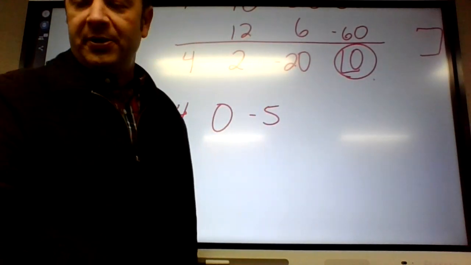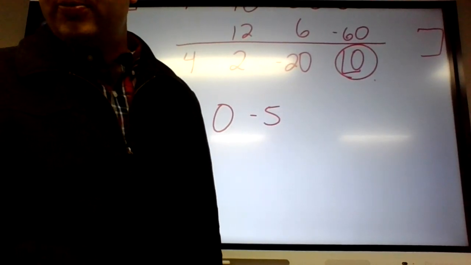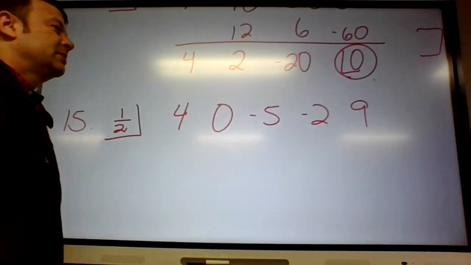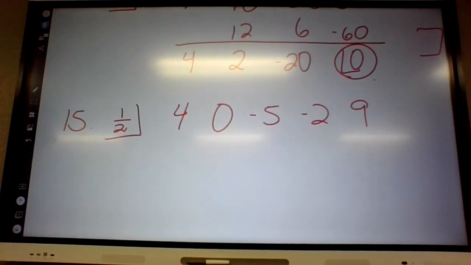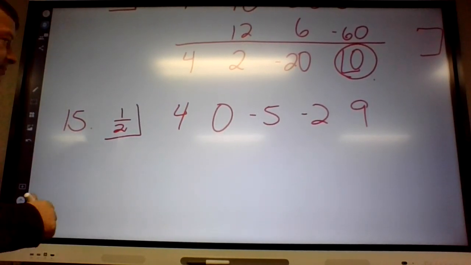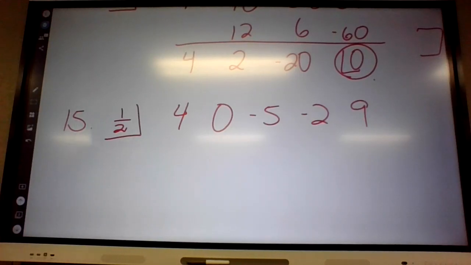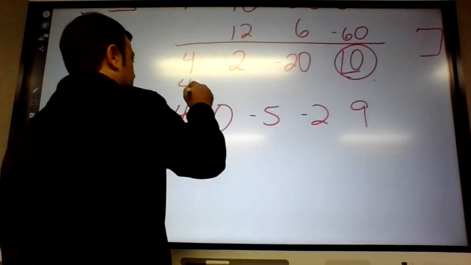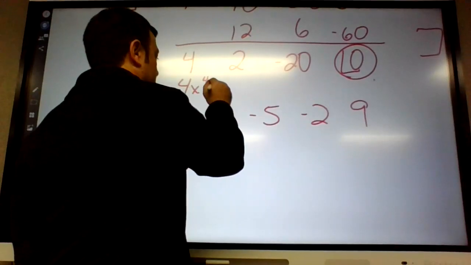Okay, there's something weird about what I'm writing on the board. What is weird about this? It's half. Nope, not that part. You put a 0 in it. Why did I put a 0 right there? Because it's rational.